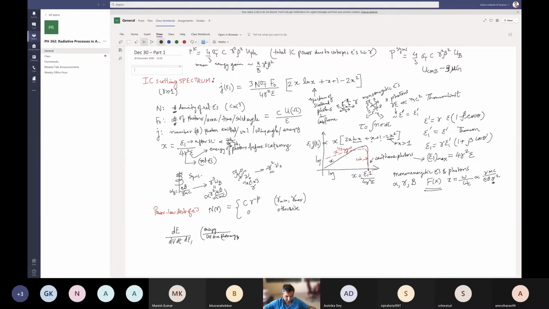So this is sort of like your nu. If you recall our specific intensity, h nu 1 is epsilon 1. So how much energy comes in photons at this particular energy is what this specifies.